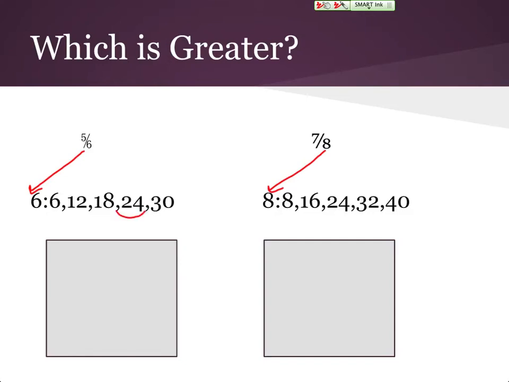24. So we're going to turn both of our fractions into something over 24 to make them common fractions. How many 6's does it take to get to 24? 6 times what gets me to 24? Lily? 6 times 4.